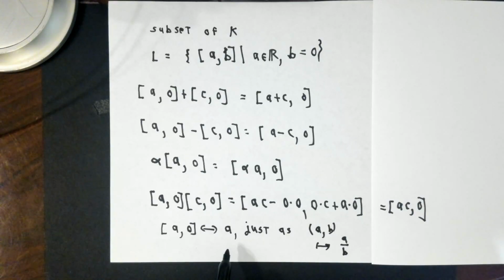Bracket A0, I'll just think of it as the number A. This is very similar to what happened when we eventually started thinking of open parentheses A comma B as being, in our much more familiar notation, a horizontal bar B. There's only one issue here. What about all the other things where the second thing is not 0?